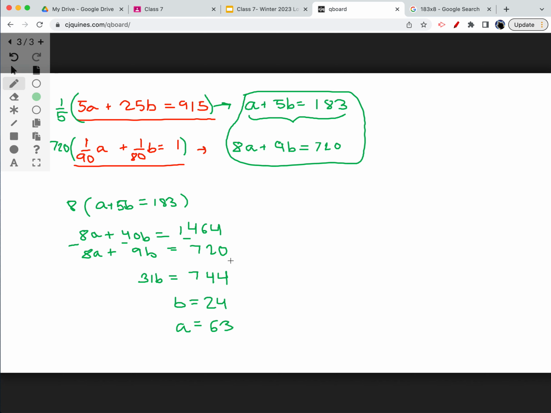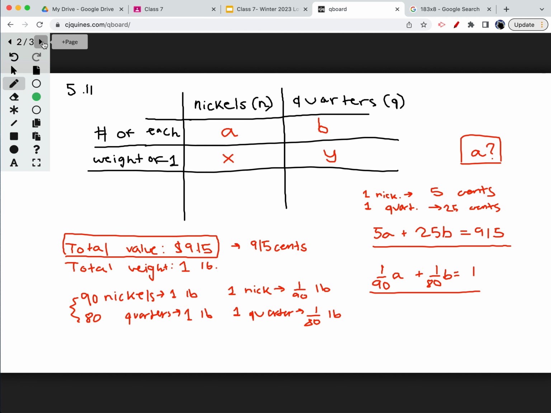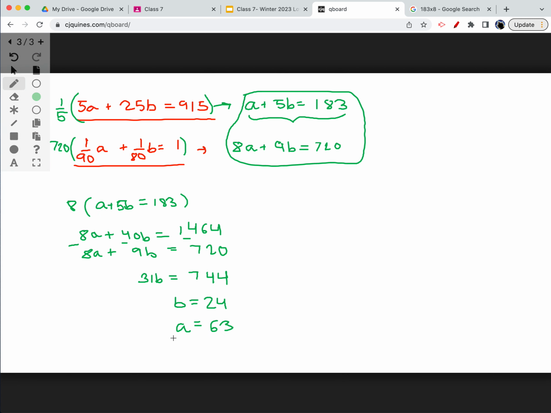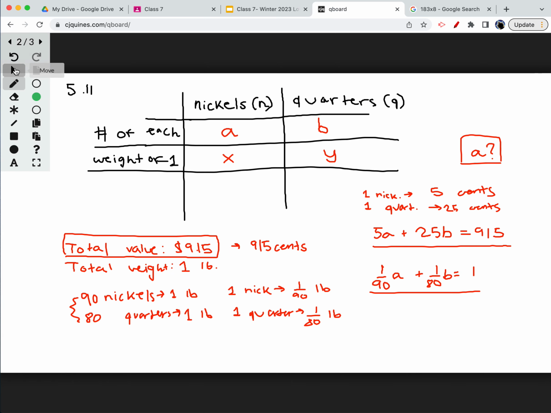Since we said originally that A is the number of nickels and B is the number of quarters, that means we have 63 nickels and 24 quarters. So our answer is 63. Does anyone have any questions on what we did here?